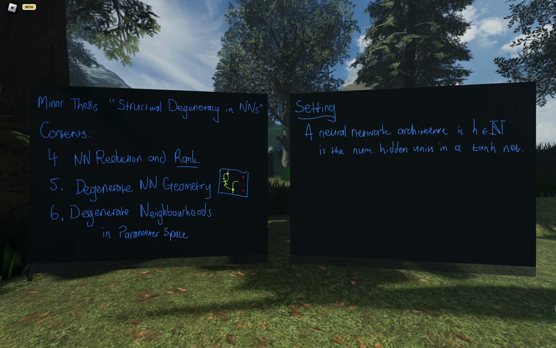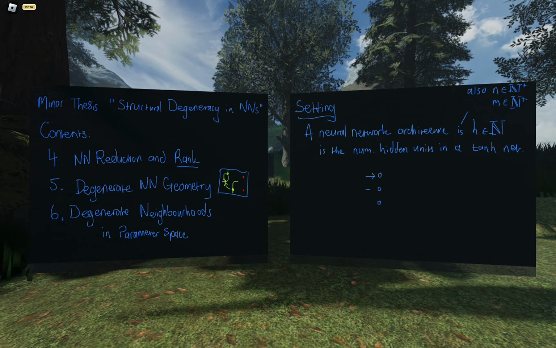We're going to assume that there's in the background some number of inputs n, which should be non-zero, and outputs m, but that's always going to be fixed. So I'll keep this implicit and try to de-emphasize it.